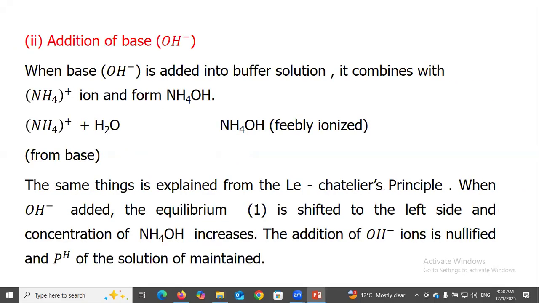Addition of base. When the hydroxide is added to the buffer solution, it combines with the ammonium ion and forms ammonium hydroxide.